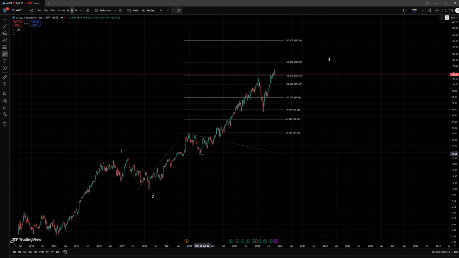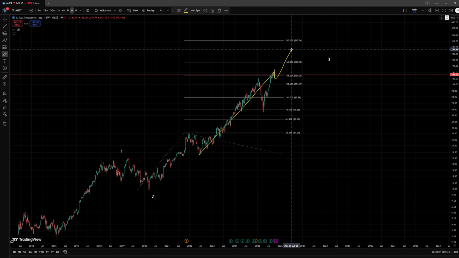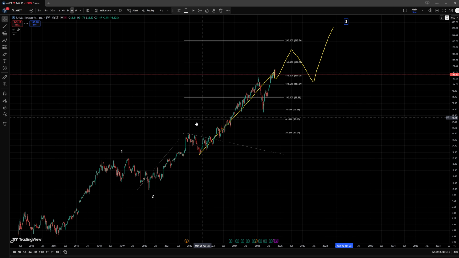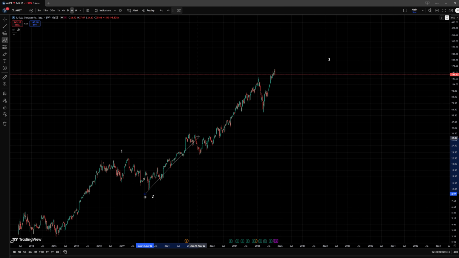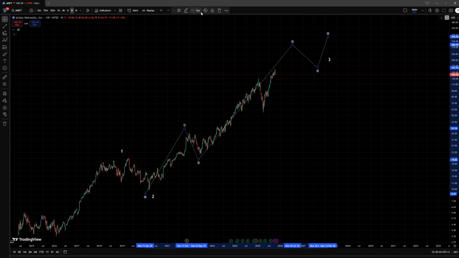But I'm not necessarily convinced that even this internal structure is complete, so we may get an extension still within this structure, and then we still need a 4-5 pattern to complete this large wave 3 to the upside. So there is still a lot of potential here on this chart, but only if it manages to develop as an impulse to the upside.